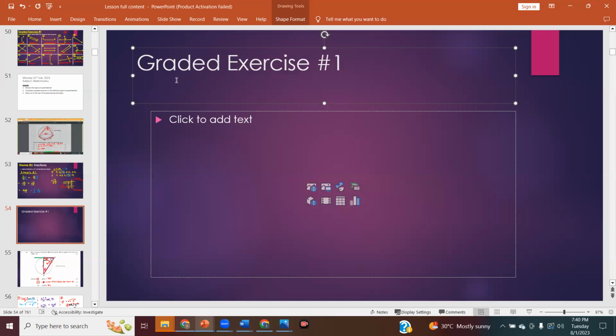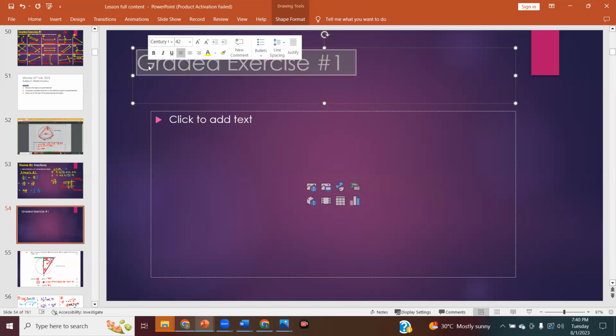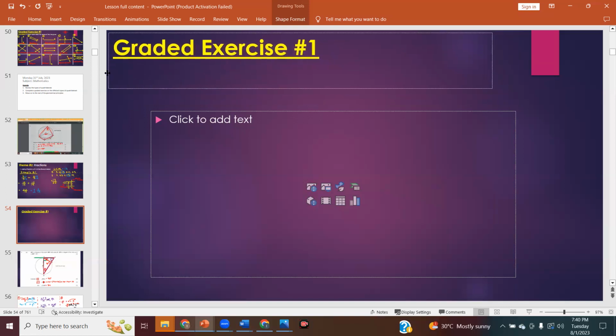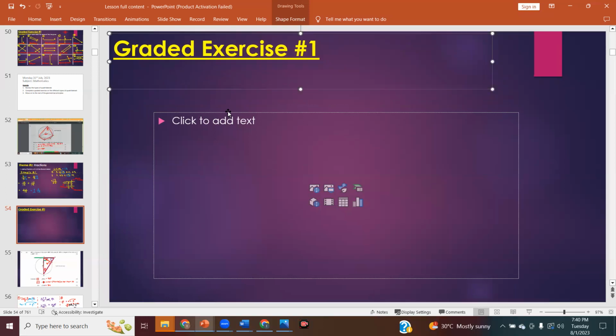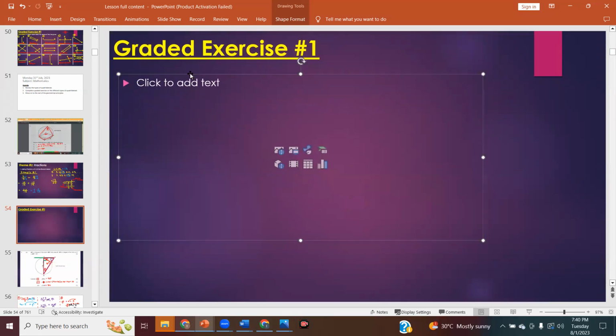Number 1. And I want you to, again, change it into a mixed number where possible. I want you to add the following fractions.